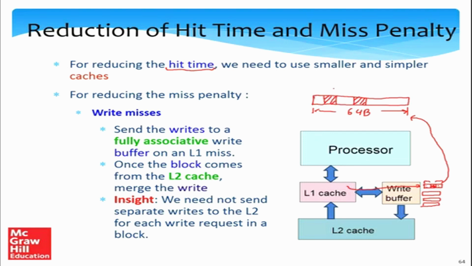Once it comes, we would know that this chunk and this chunk have already been written to, but the rest of the contents of the block can be filled with whatever comes from the L2 cache, which is essentially this entire dotted region. The advantage here is that we don't have to wait, and we can do our writes and then proceed with the next instructions. So in a certain sense, it reduces the miss penalty of the L1 cache, especially when it comes to writes.